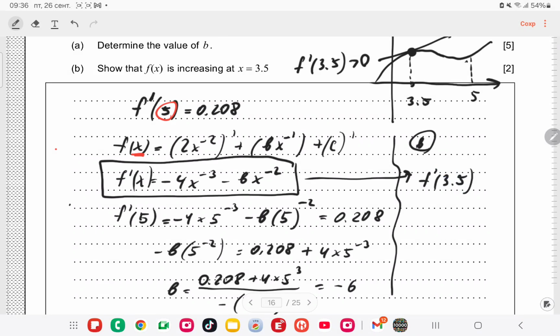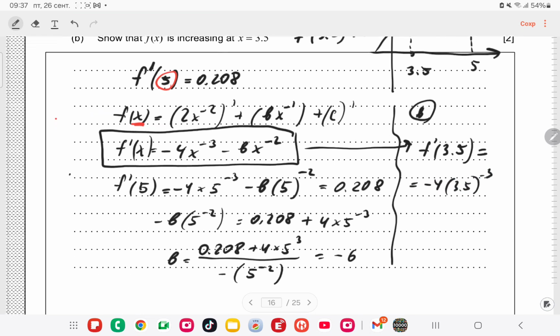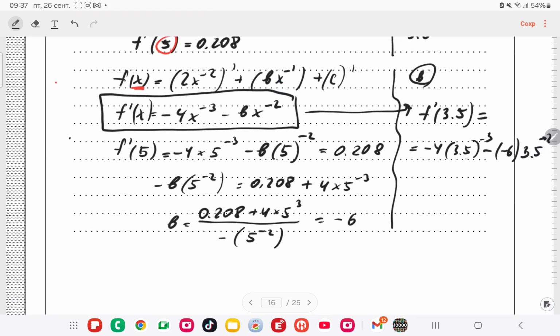3.5, and we'll just plug in 3.5 instead of x everywhere. Now b is negative 6, and 3.5 to the power negative 2. Okay, now it's just calculation.